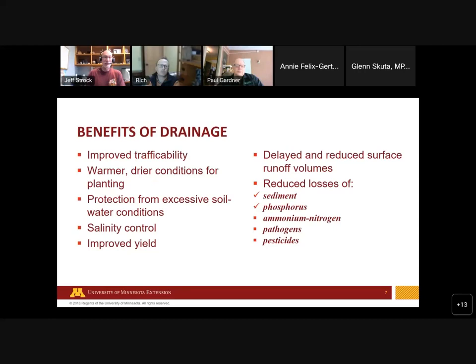And ammonia nitrogen is usually in surface soils before it converts to nitrates, so that's also a positive aspect of it. And many pathogens and pesticides, you don't really see those in subsurface drainage quite so much as you see in episodes of surface runoff.